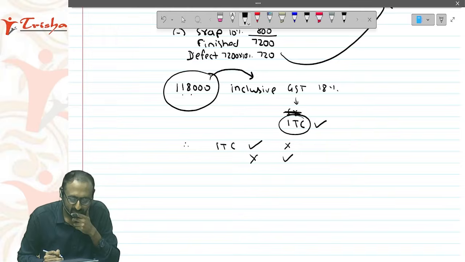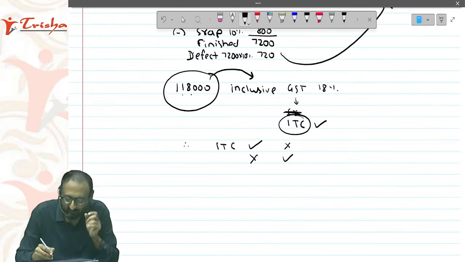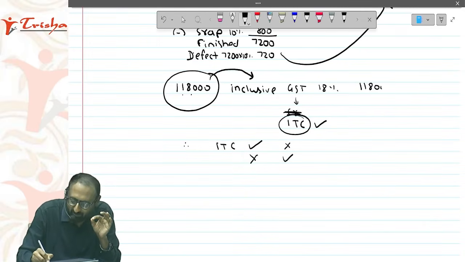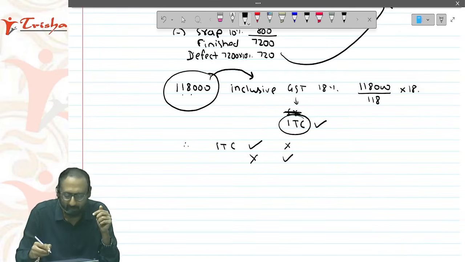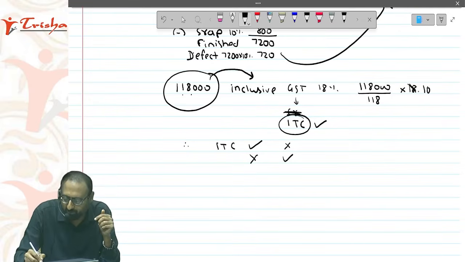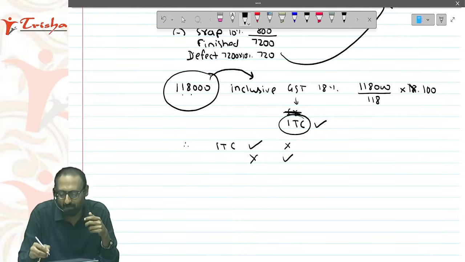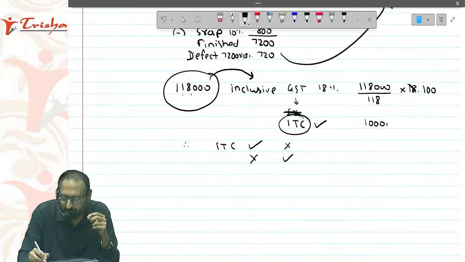How to calculate that GST figure? 1,18,000 divided by 118 multiplied by 18. If you want the GST figure, multiply by 18. If you want the purchase figure, multiply by 100. So how much will be the purchase price?